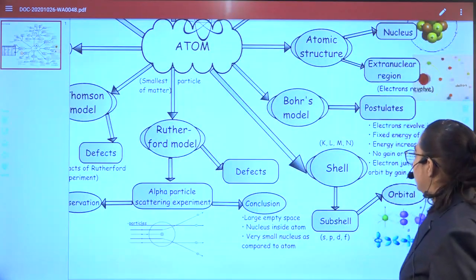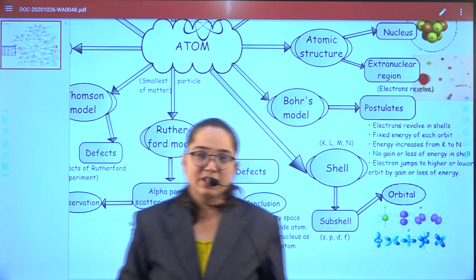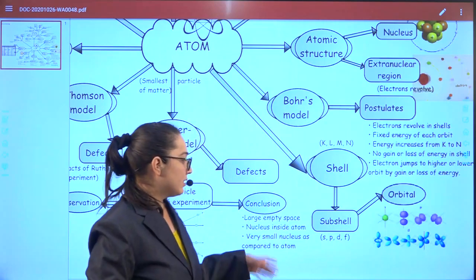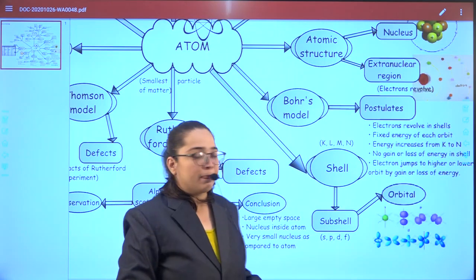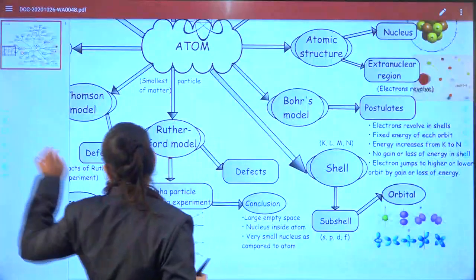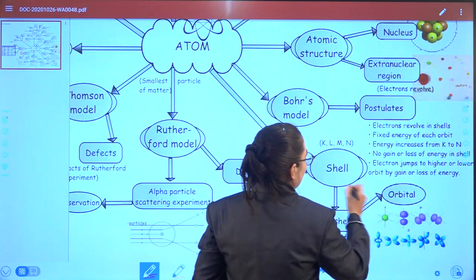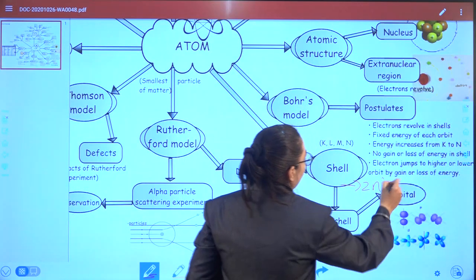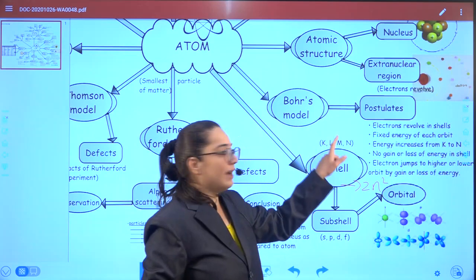Next is the shell. Now in your chemistry foundation lectures you might have studied about the subshells S, P, D and F. This is how the electrons are arranged, and the number of electrons that can be accommodated in any orbit depends on the formula, which is 2n squared. If it is the first orbit, then it is K, L, M, N, like that.